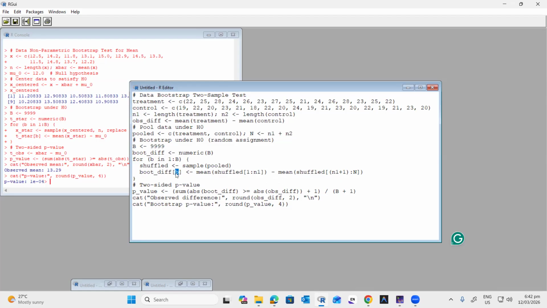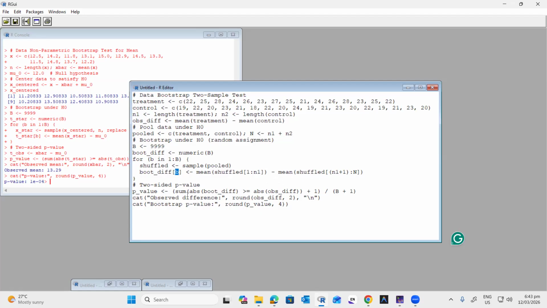So after the loop, boot differences will contain the empirical distribution of the differences in mean under the null hypothesis, that is, when the group labels are randomly permuted. After that, we are going to calculate the p-value.